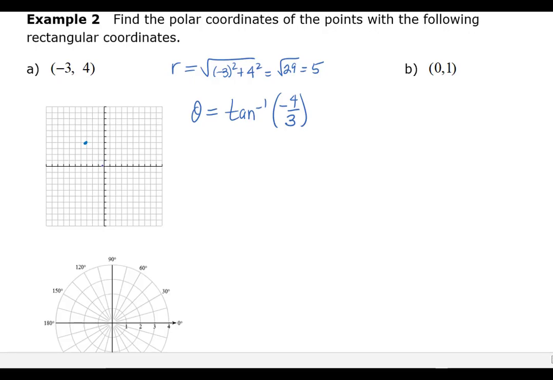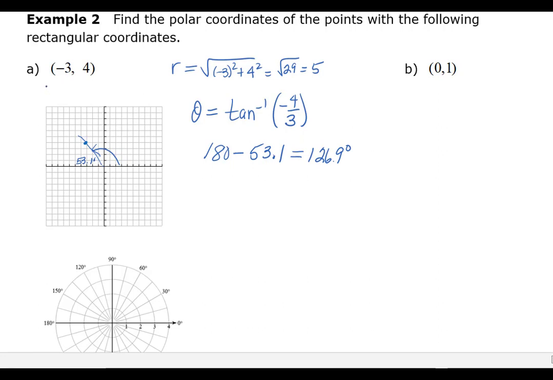If we think of the angle whose terminal side is in the second quadrant, whose reference angle is 53.1 degrees, what we would do to figure that out is take 180 degrees and subtract the 53.1, giving us 126.9 degrees. So we know we have our r and we have our theta.